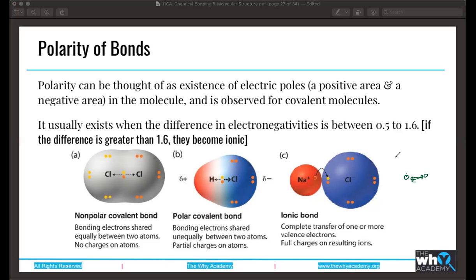And then we discussed dipole-induced dipole also, right? In this case, we'll be looking at where this dipole is actually coming from.